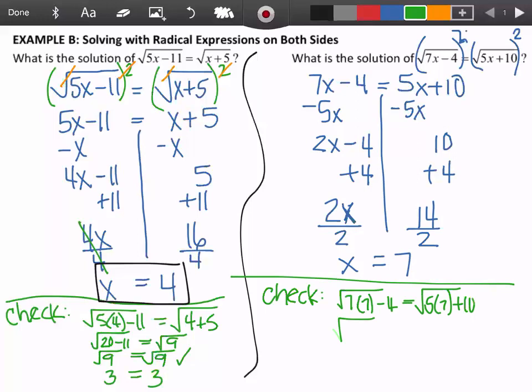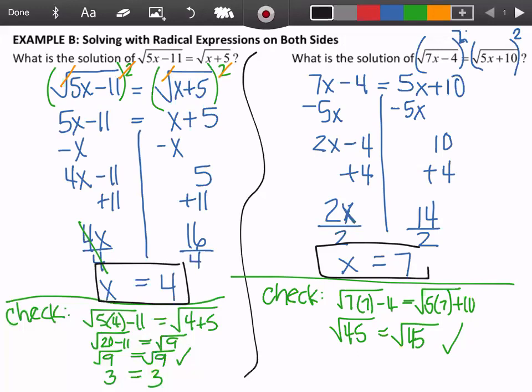We have 7 times 7, which is 49, minus 4. That gives us 45 is equal to the square root of 5 times 7, which is 35, plus 10. That gives us 45, and we now know that our answer does work. It satisfies the equation, so x equals 7 is our answer here.